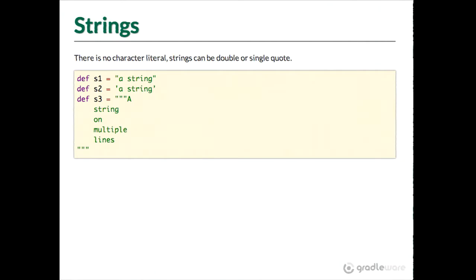Strings. There's no character literal in Groovy. Strings can be double or single quote. And one very useful feature of Groovy as compared to Java is the ability to have nice multi-line strings. In Java, that's a bit of a pain.